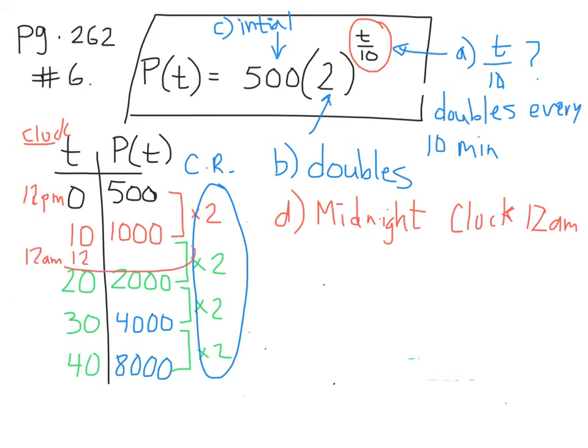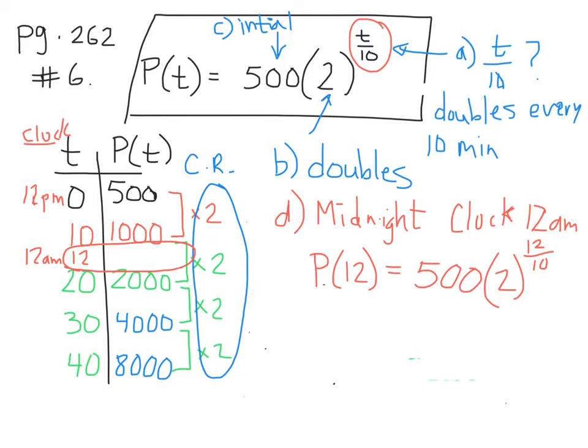So we're taking a look at what this number should be. It's somewhere between 1,000 and 2,000, but all you really have to do is plug in 12 hours later into this formula to figure out what the population is at that exact time.